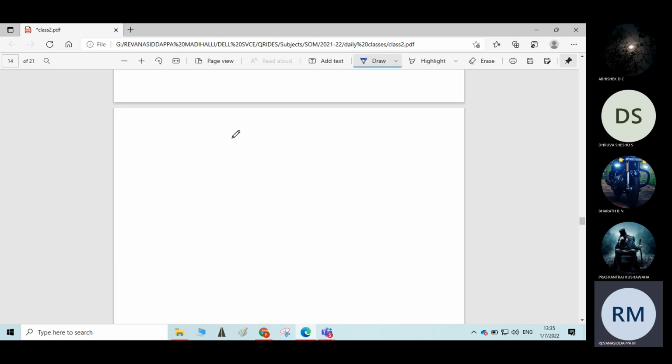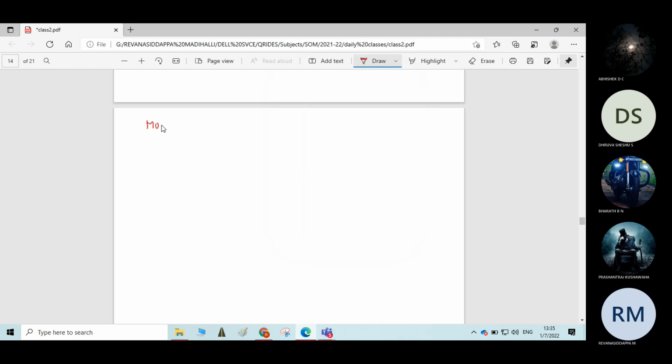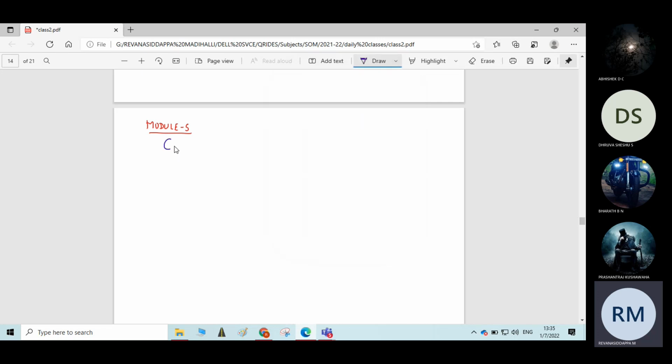Okay, so model 5 consists of two main parts. One is columns and struts. This is one part of this model.